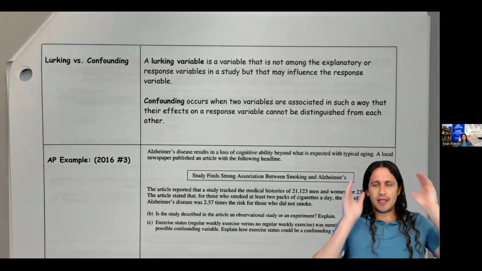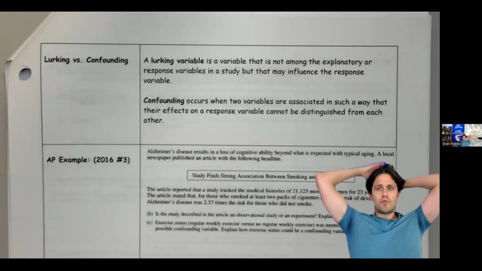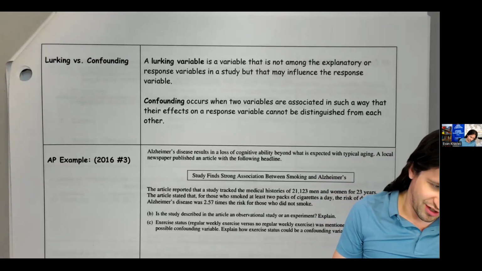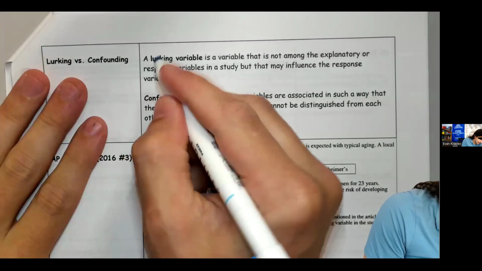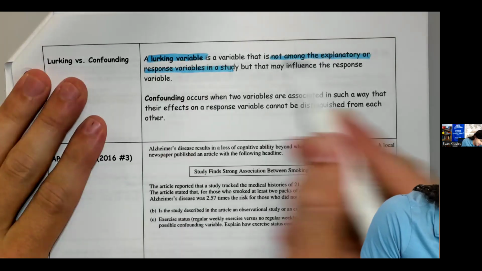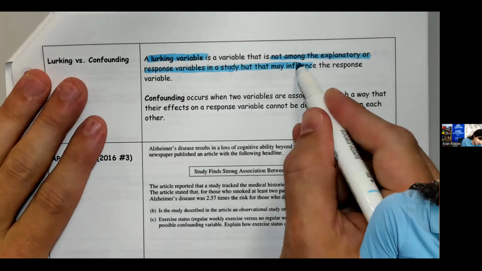Some more definitions. We're doing experiments. We're not always going to measure everything of interest. Sometimes there's going to be variables hanging around. There might be a lurking variable that's not among the explanatory or response variables in a study, but may influence the response variable.